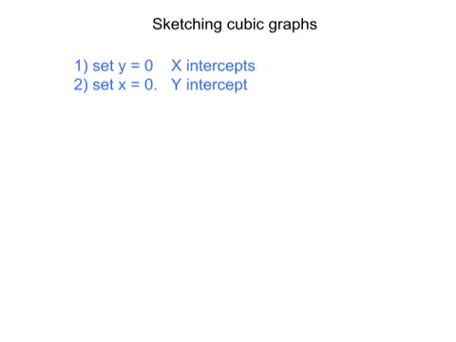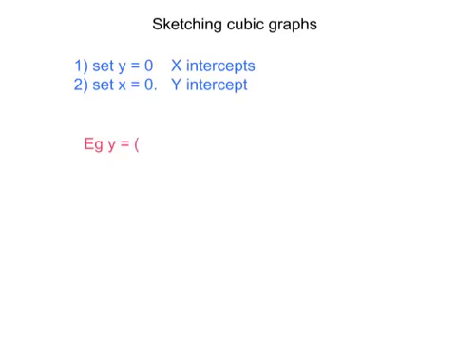If you get a nice easy one, you might be asked to sketch something like, let's go in red for our example question. Nice easy one: y equals, and this is going to be in brackets.